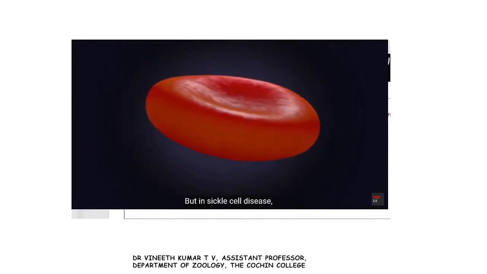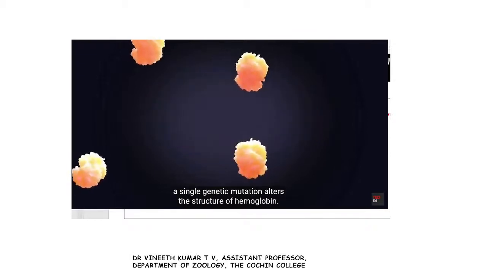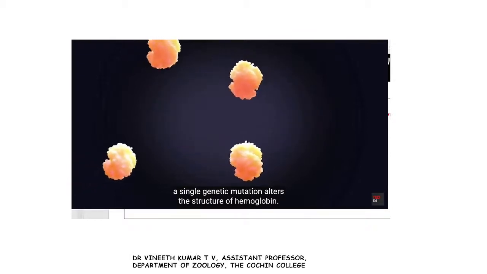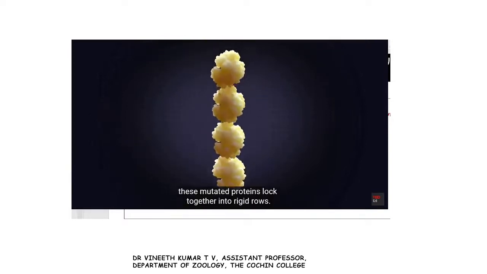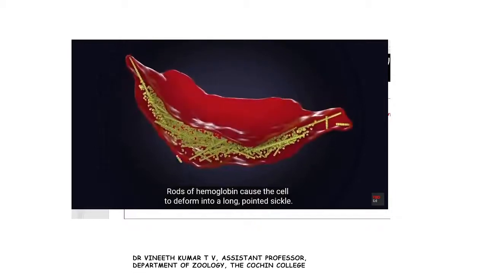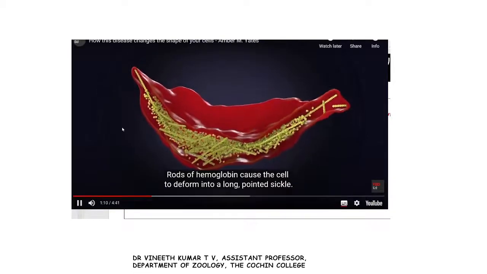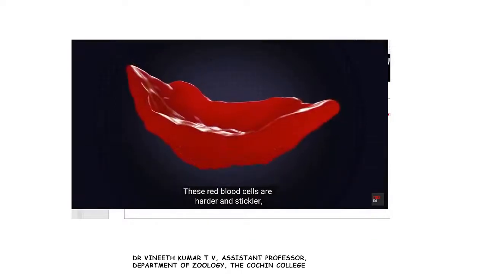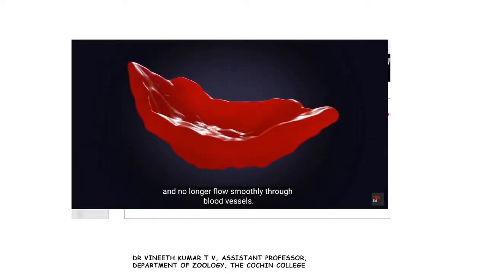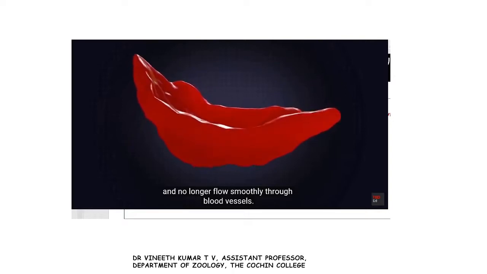But in sickle cell disease, a single genetic mutation alters the structure of hemoglobin. After releasing oxygen to tissues, these mutated proteins lock together into rigid rows. Rods of hemoglobin cause the cell to deform into a long, pointed sickle. These red blood cells are harder and stickier and no longer flow smoothly through the blood vessels.